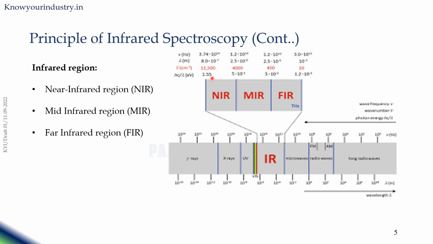This 12,500 is marginally given in this particular scale, but what we have seen actually is from 14,000 to 4,000 cm⁻¹. And then the mid infrared region is in the scale of 4,000 to 400 cm⁻¹ of wave number. And the far infrared region is between 400 cm⁻¹ and 10 cm⁻¹ of wave number.